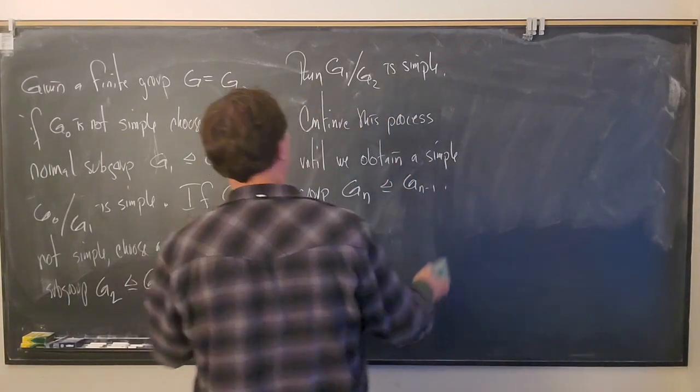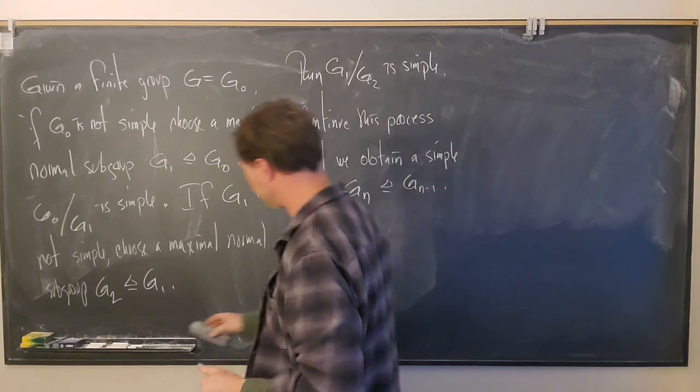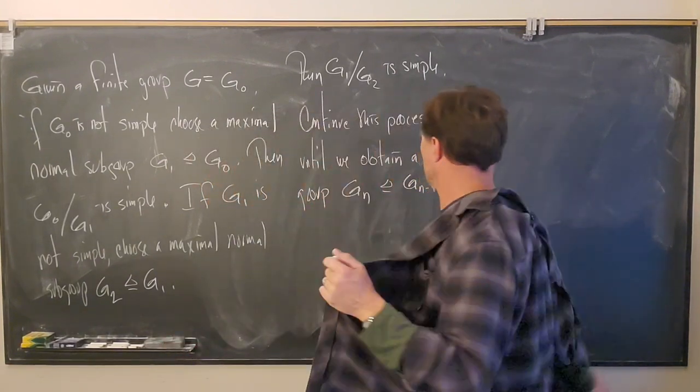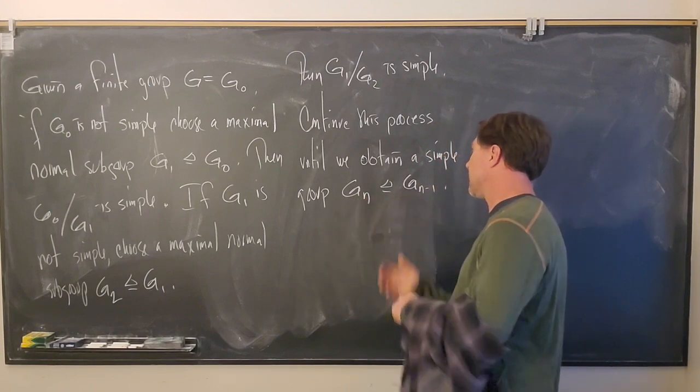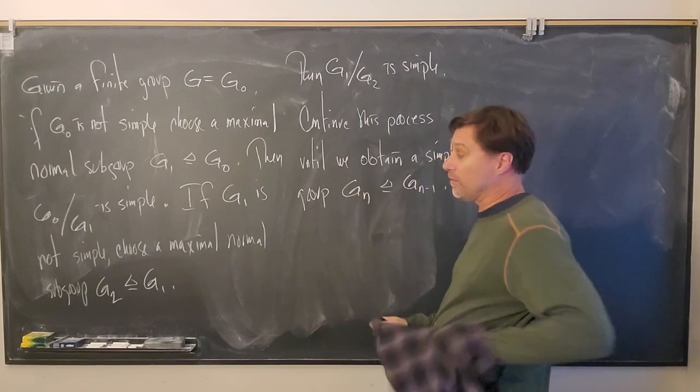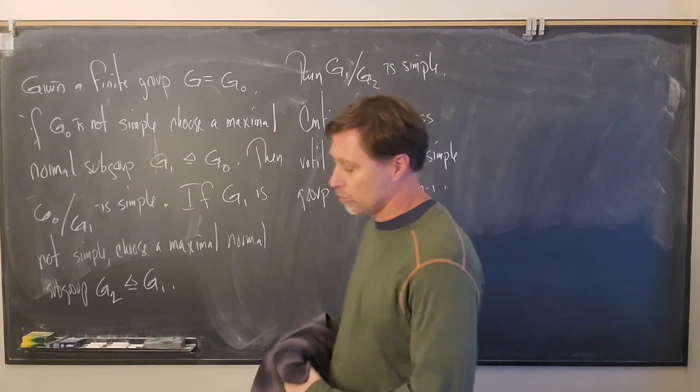Right, we would choose a maximal normal subgroup Gn sitting inside Gn minus 1, and in the final case, it would turn out that this group would actually be simple.